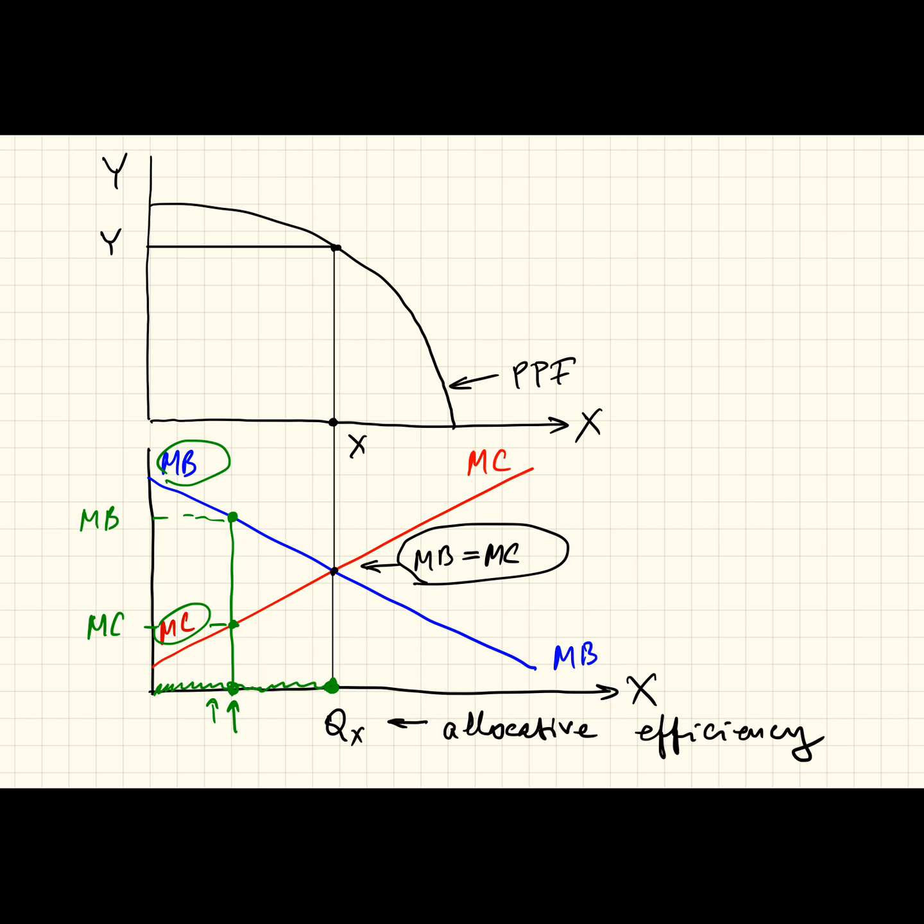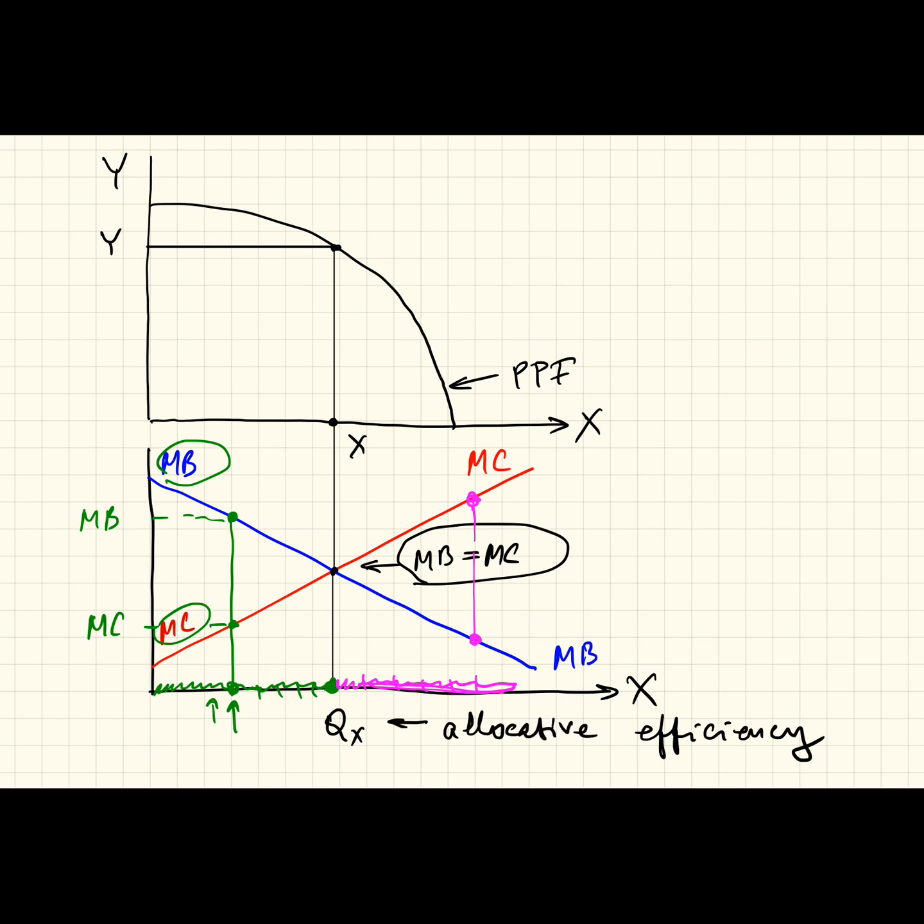All right, and it's true again for every point up to this one. This is the last one where marginal benefit, well, you cannot really say exceeds because exactly at this point it's equal, right? But it's the last unit for which marginal cost does not exceed marginal benefit, because after this point, if you go further and keep producing, then you will get into this zone, and you don't want to be here, because for any unit here, marginal cost exceeds marginal benefit.